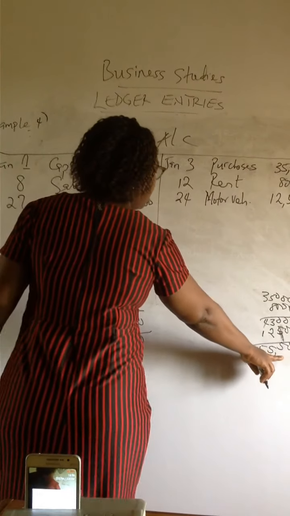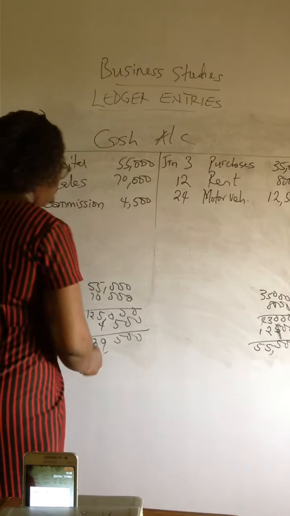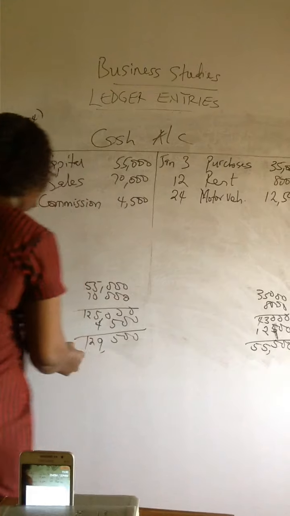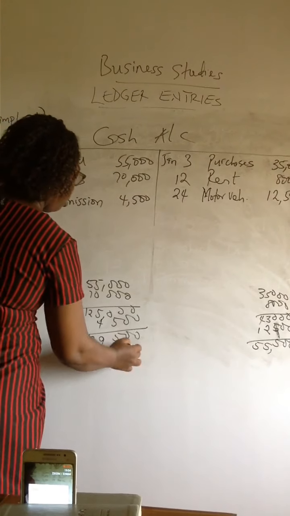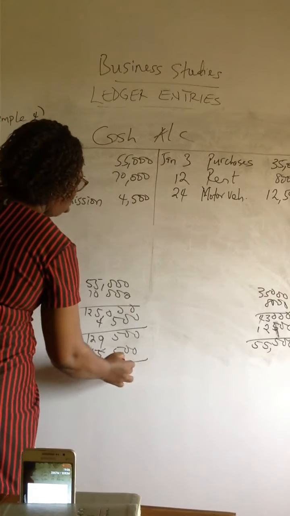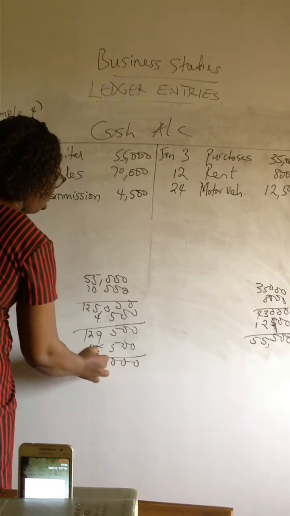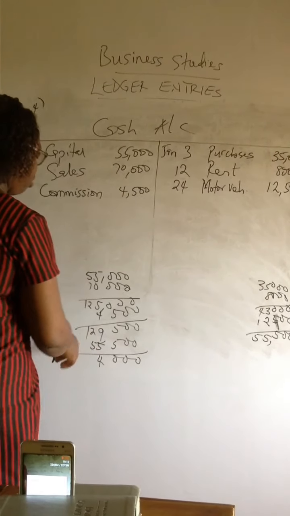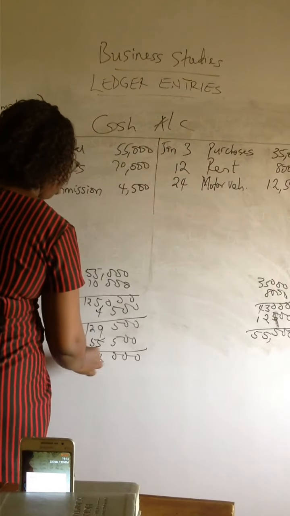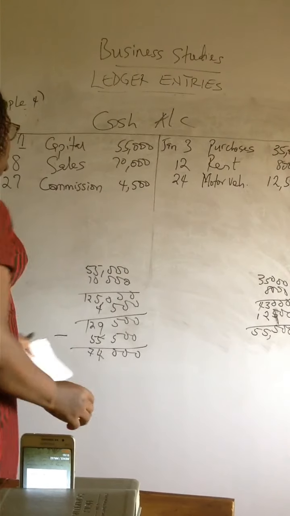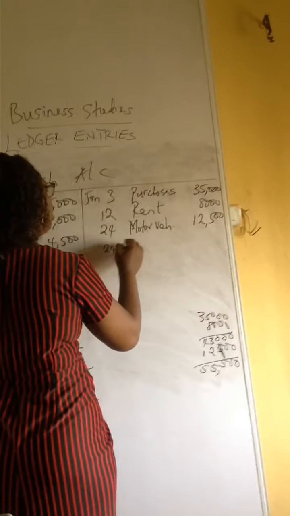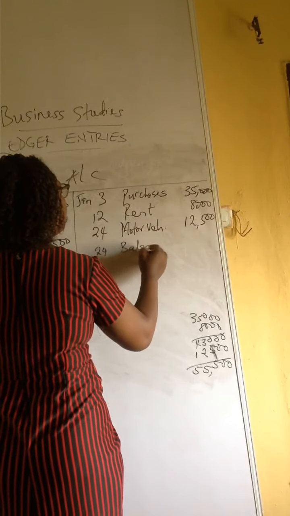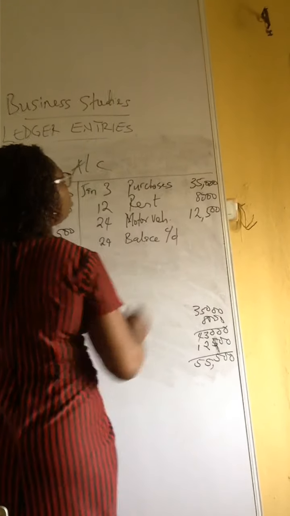You take this total less 55,500. So here you have 0, 0. This from this is 4. This is 12. From this is 7. So this 74,000, you bring it here at the same date as balance carried down.